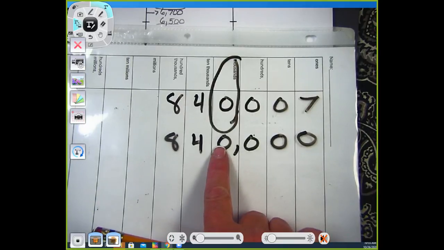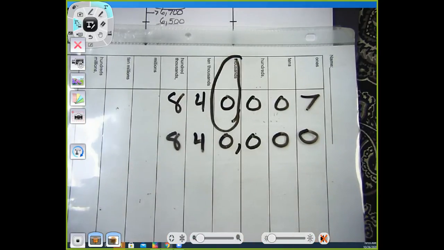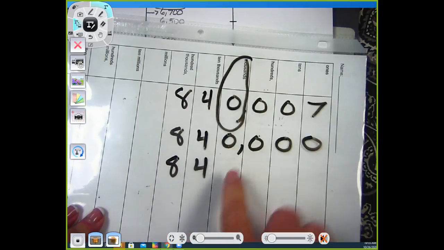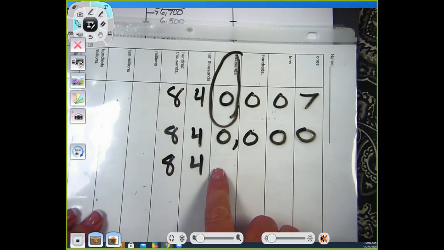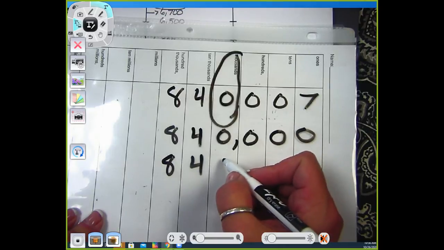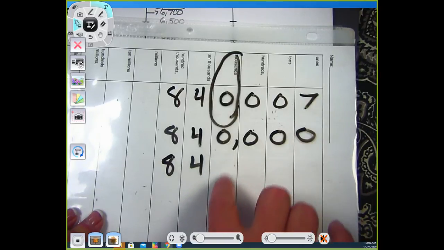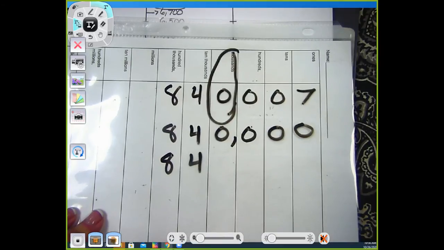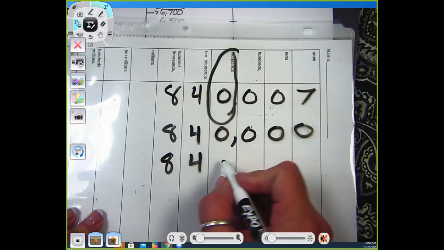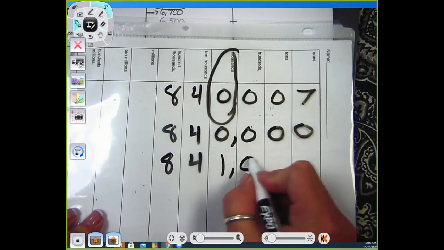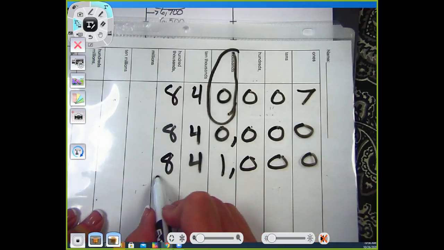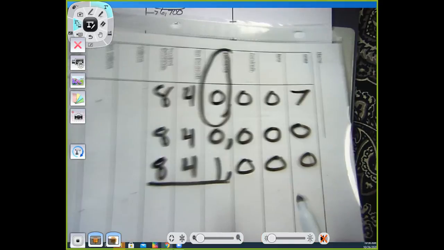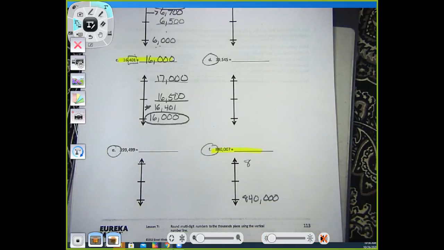So the 8 and the 4 would stay the same. What number would be in my thousands place if I have 1,000 more? 1. Yep. So I say this number, 841,000. So that's going to be my upper endpoint.